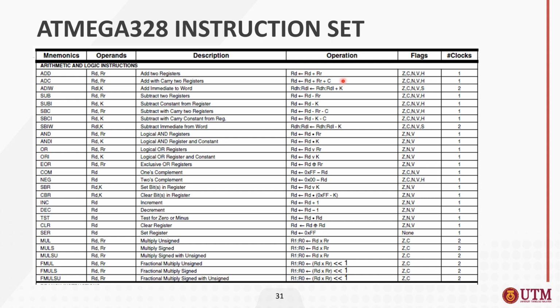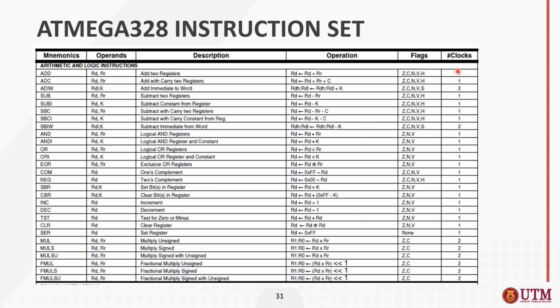The flags that are used are: Z indicates zero, C indicates carry, N indicates negative, V indicates two's complement overflow, and H is the half carry. All of these are the flags affected by the ADD mnemonic.